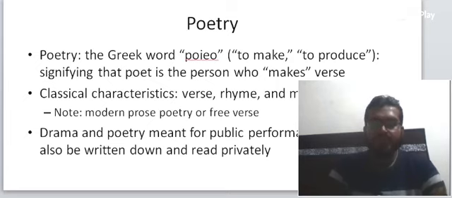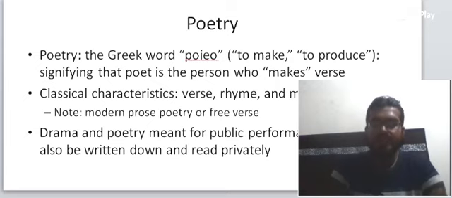But there is one thing that you must understand in order to avoid any confusion in your mind, that these characteristics do not apply to modern poetry, because modern prose poetry, or what we call free verse, does not have all of these characteristics, but it is still poetry.